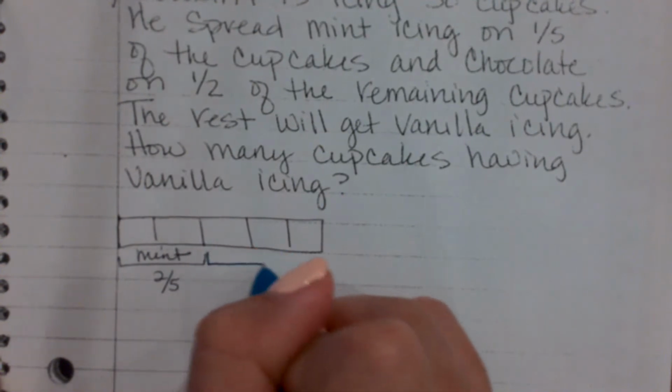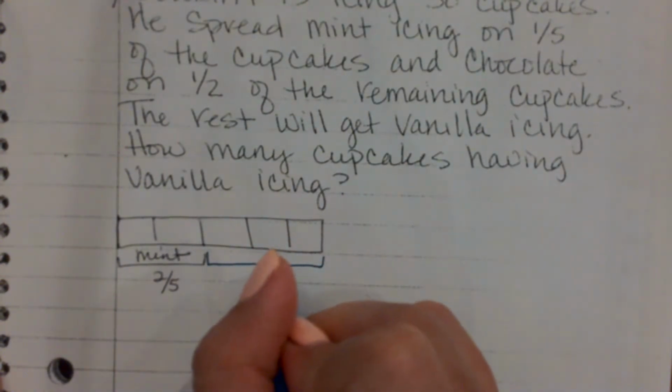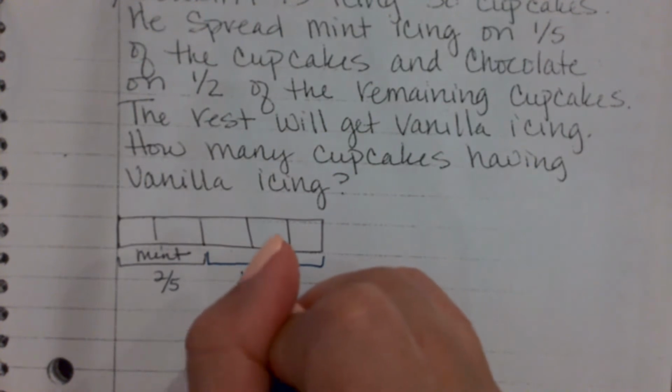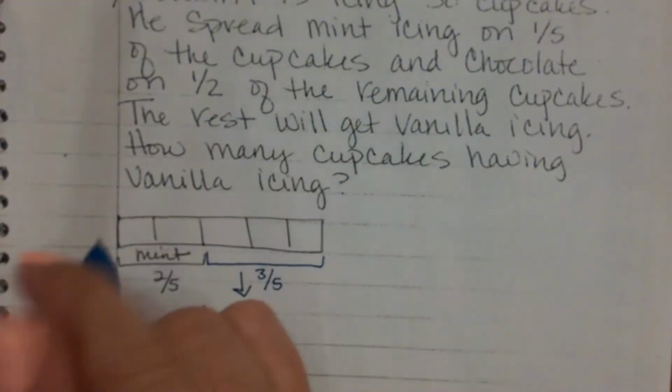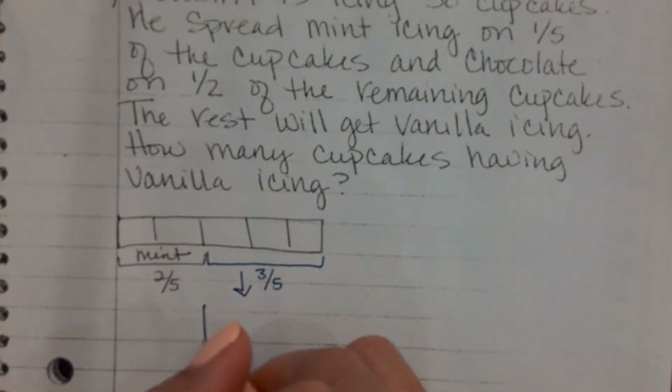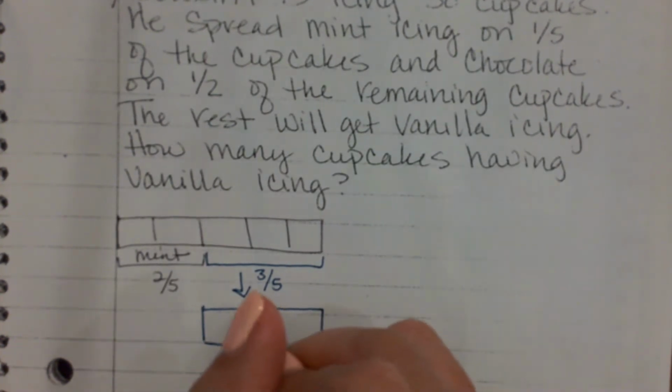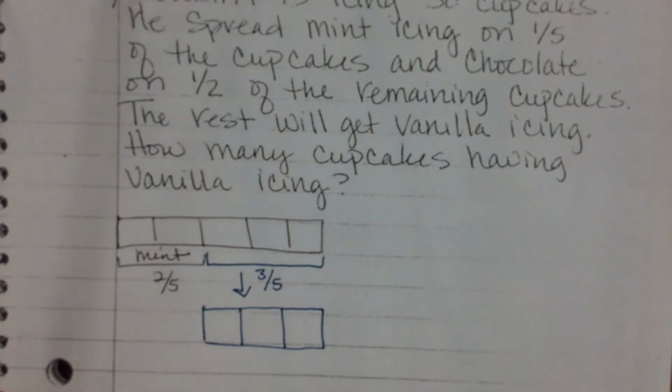All right, so what fraction of the cupcakes is remaining this time? Well, what's remaining? 3/5 is remaining this time, right? Okay, so let's pull that tape diagram. Let's draw another. Let's transfer this whole tape diagram down here. And let's just work with what is left. You want it to match and be the same length.